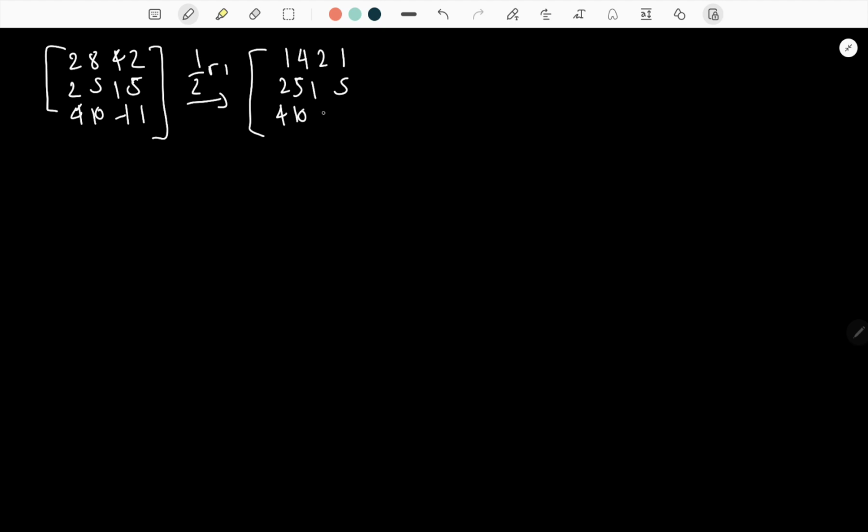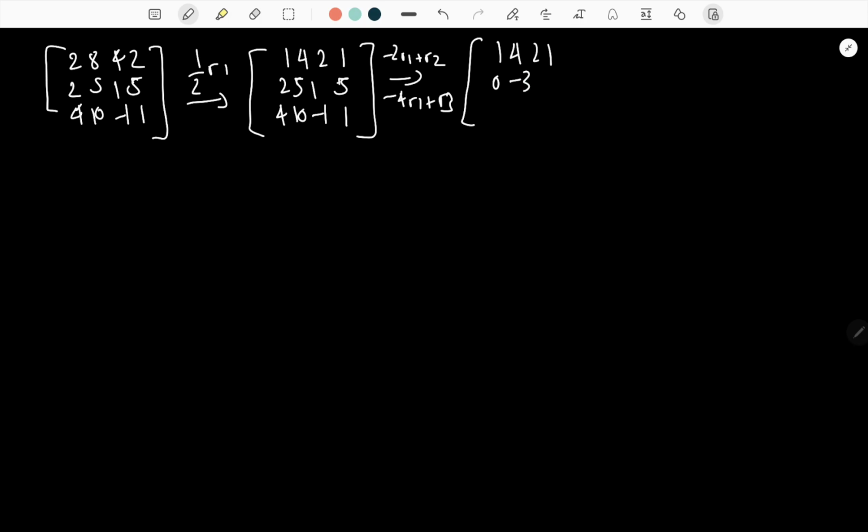Now this is very easy since we can use that 1 to get rid of the numbers below the pivot, which are 2 and 4. So we can do minus 2 R1 plus R2, minus 4 R1 plus R3, which will give us the first row stays the same, 4, 2, 1, and we can do 0 minus 3.